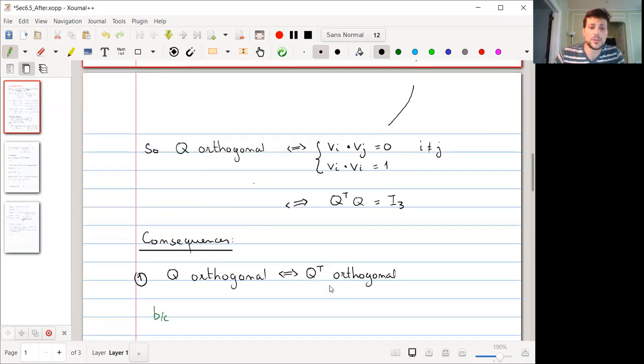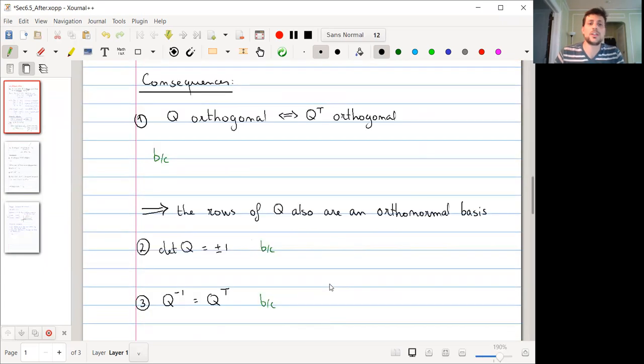And this is important because it has very crucial consequences. For example, one thing that we learn immediately is that if Q is orthogonal, then Q transpose is also orthogonal. Because if Q is orthogonal, then Q transpose times Q is equal to the identity.